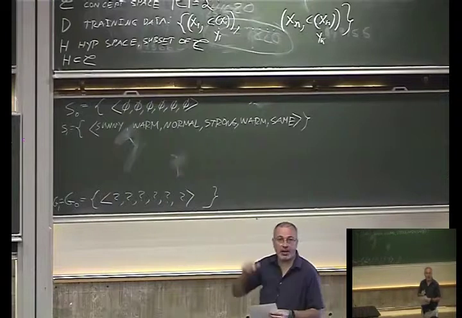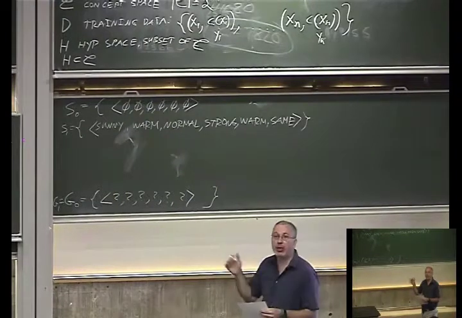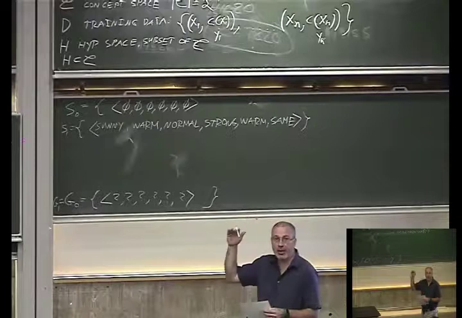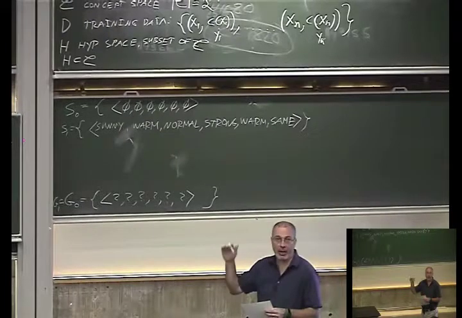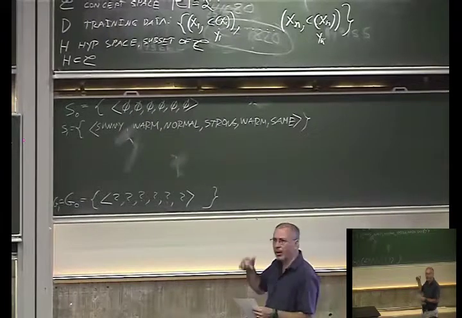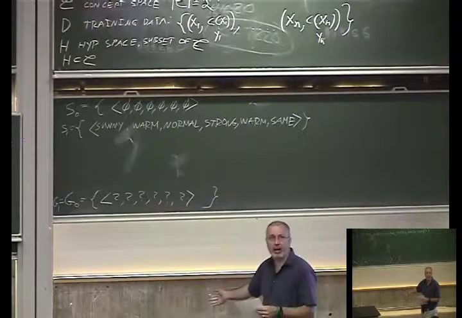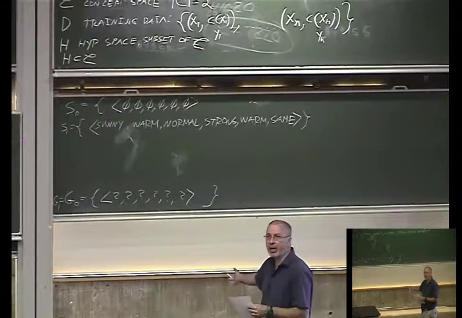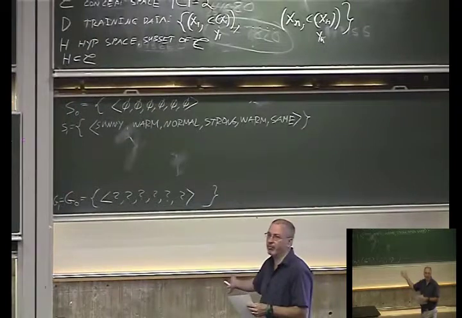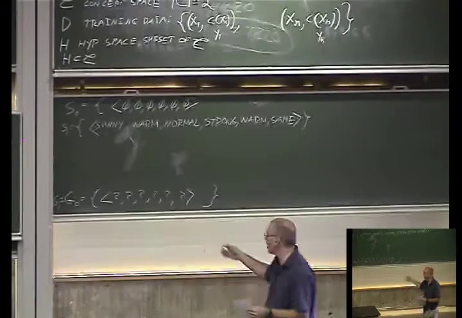Let's go to the second training example. The second training example is also positive. So again, we execute that part of the algorithm that I showed you. First we go to G, identify any inconsistent members and throw them out. Are there any inconsistent members? No. There's one member and it says yes to everything.